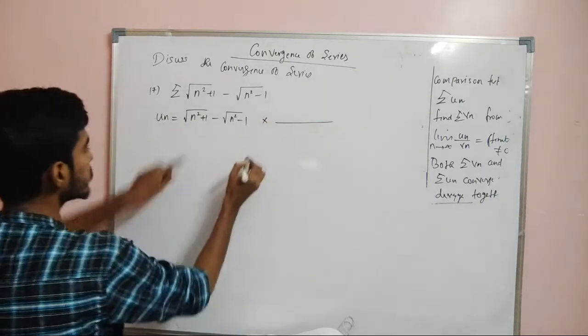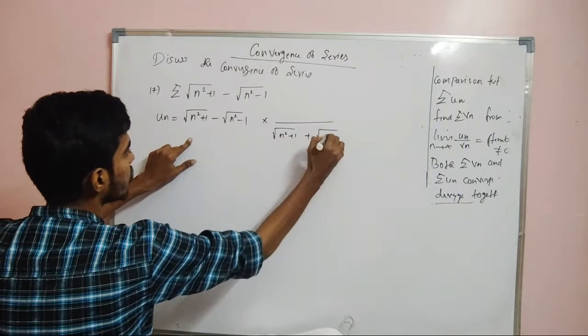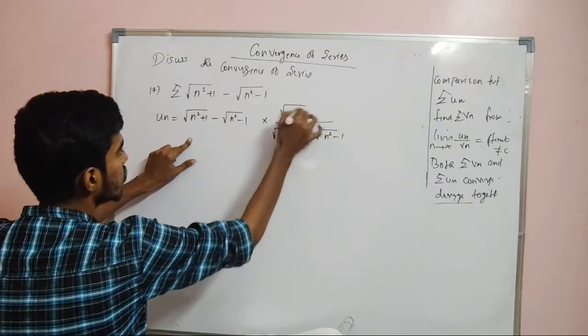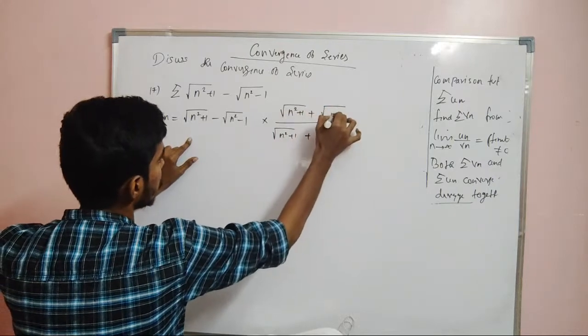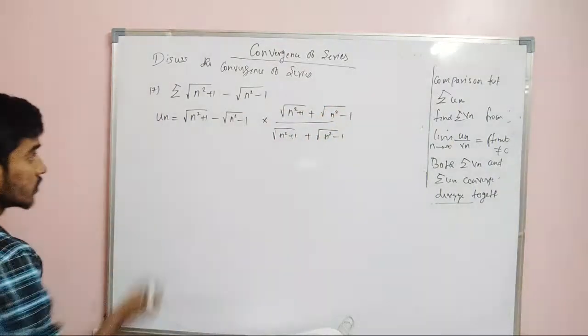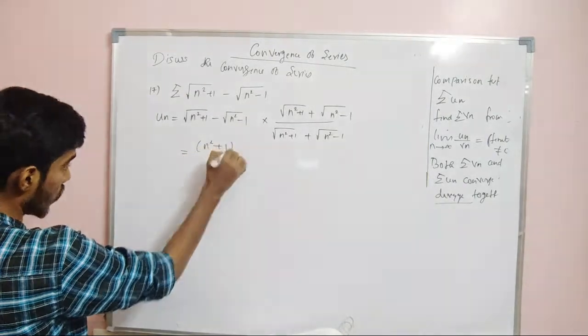So for rationalizing I need to divide this by square root of n square plus 1 plus square root of n square minus 1. So this will be a minus b times a plus b, so it will be a square minus b square.